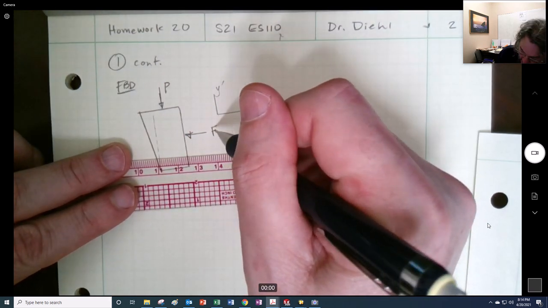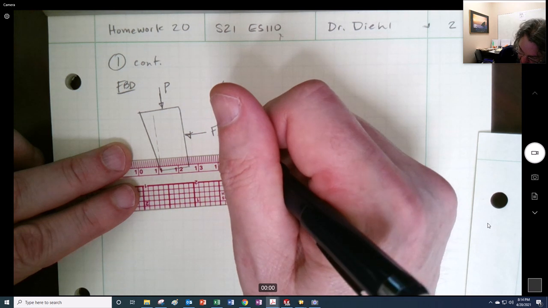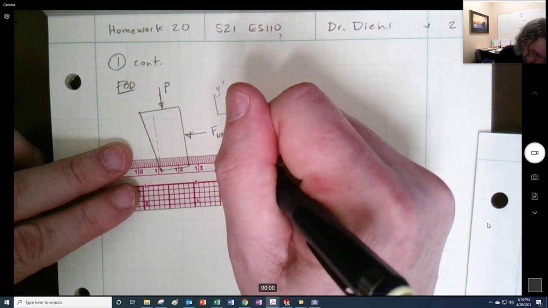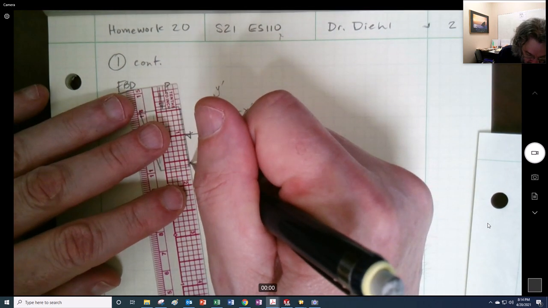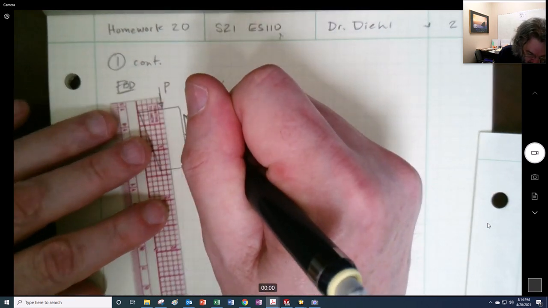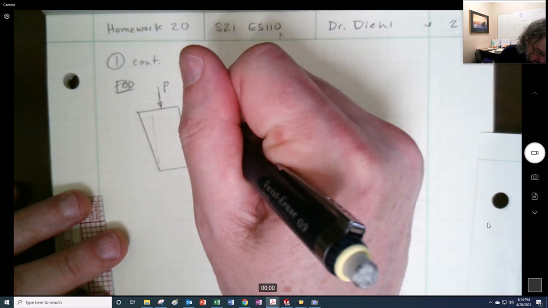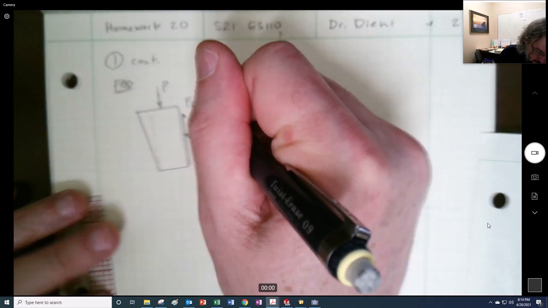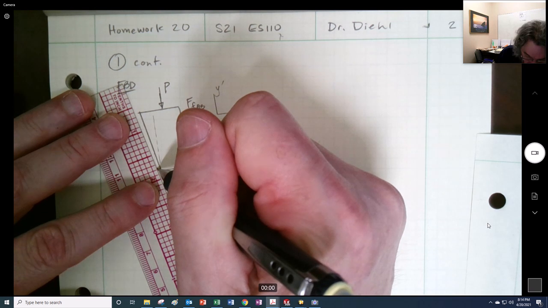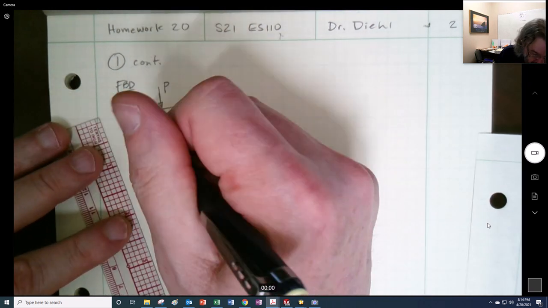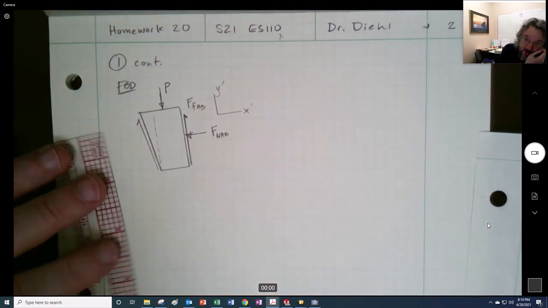And so we're going to have, we were able to find this normal, which we called FNAB, and we know that value. And now the friction is in the opposite direction here as it was on the other surface, FFAB. Okay, and now we're going to have a frictional surface that's also moving down, that is resisting its motion.